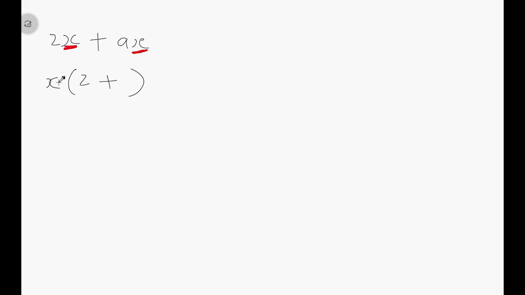Now you can see that you multiply x by an a in order to get ax. So this example is finished. We have successfully factorized it. QED.